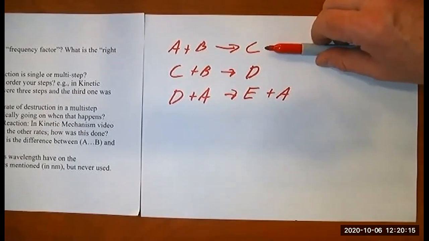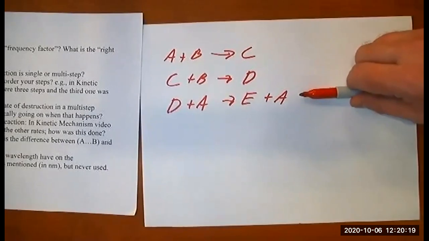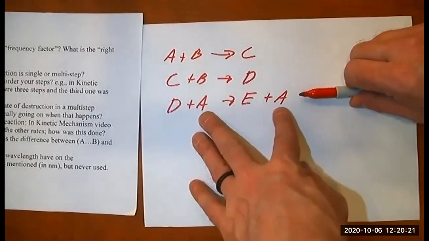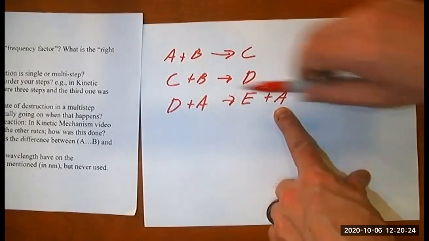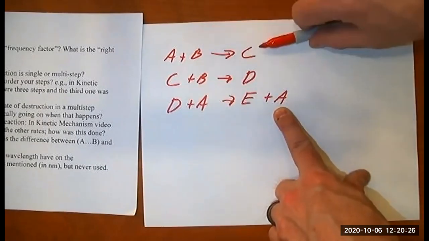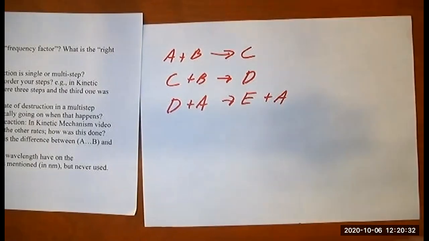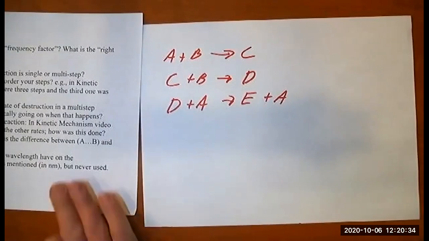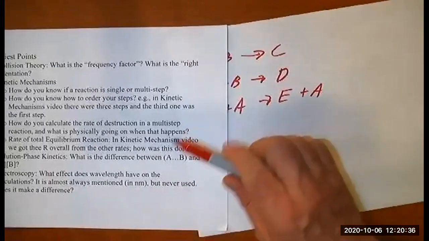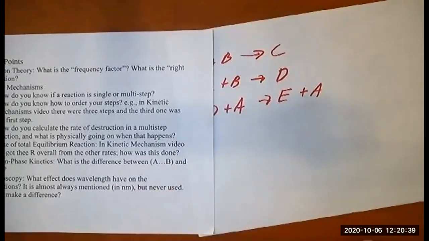But in a reaction mechanism, this third step has some A that's involved, and that A, after it does this, could later go back and do the first step. So there isn't really an order to it. But I think what this question is asking about is not so much about ordering the steps, but how do you know which one is rate determining?